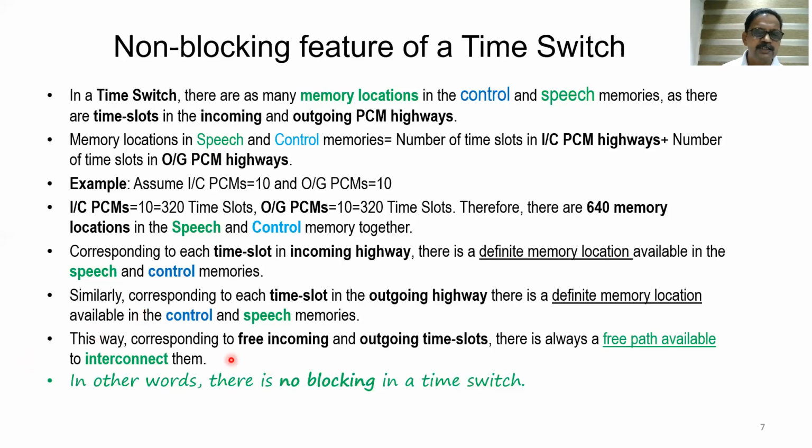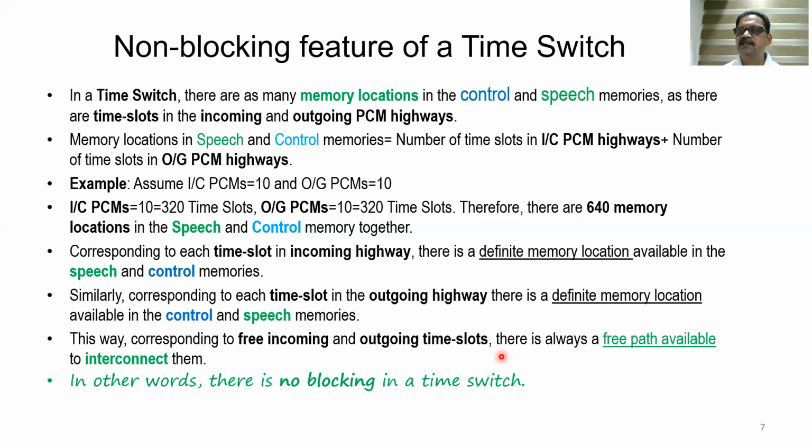This way, corresponding to free incoming and outgoing time slots, there is always a free path available to interconnect them. To interconnect the incoming and outgoing PCM time slots, you always have free incoming and outgoing time slots available. Since for each time slot, there is another time slot for interconnection from incoming PCM to outgoing PCM, there is no question of blocking.